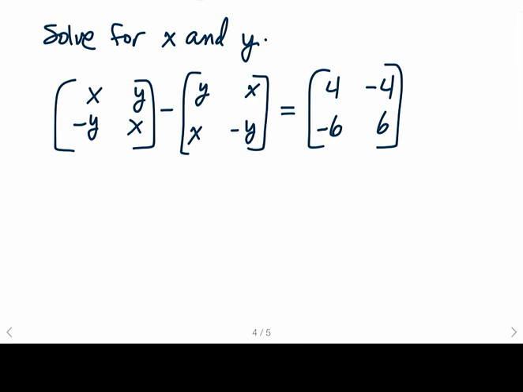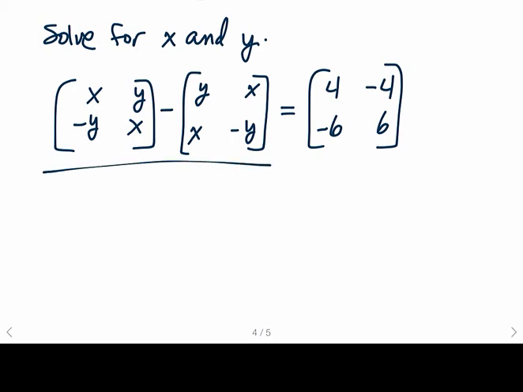Solve for x and y, and we have the matrix [x, y, negative y, x], that 2 by 2 matrix, minus [y, x, x, negative y], is equal to [4, negative 4, negative 6, 6]. How the heck am I supposed to do that? Well, first I'm going to perform the operation on the left-hand side.